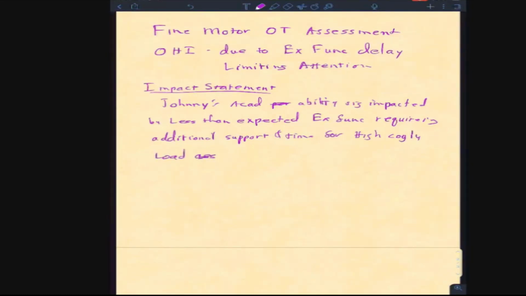No, assignments. Something, so on and so forth.